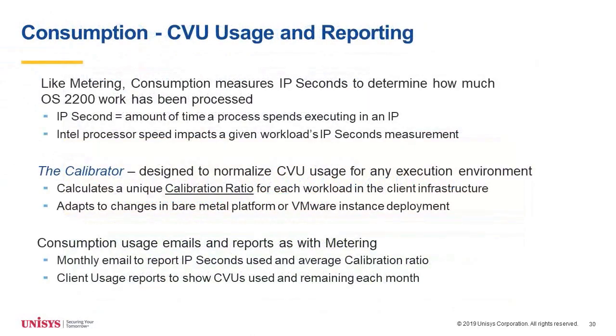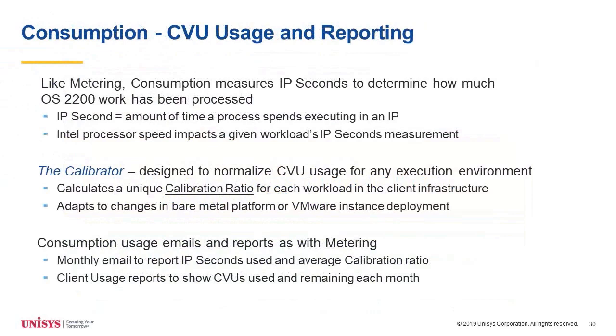Now, within consumption, again, we're measuring the IP seconds to determine how much work has been processed. But the Intel processor that you select has a distinct determination of the workload's measurement, of how many IP seconds we'll actually measure. So with the OS 2200 software series consumption, we've implemented a new technology called the calibrator.